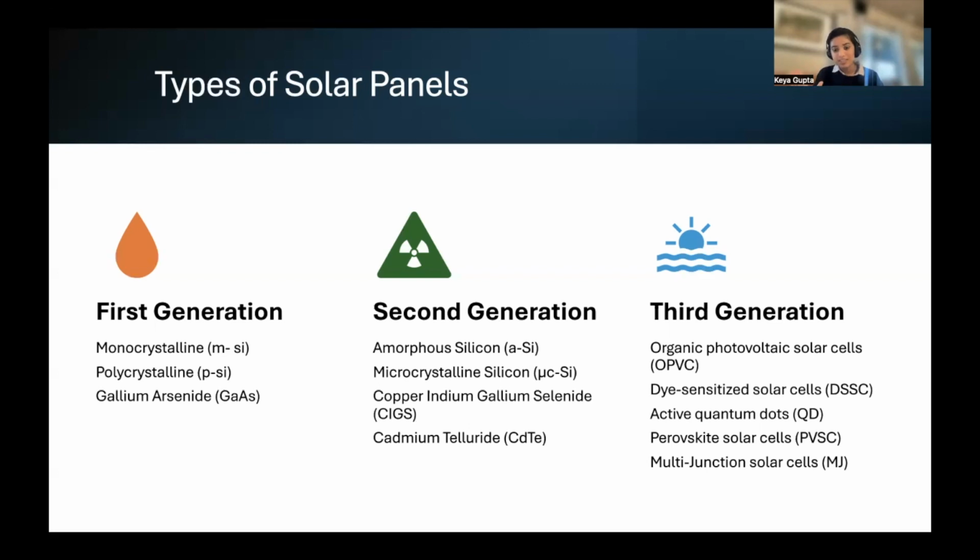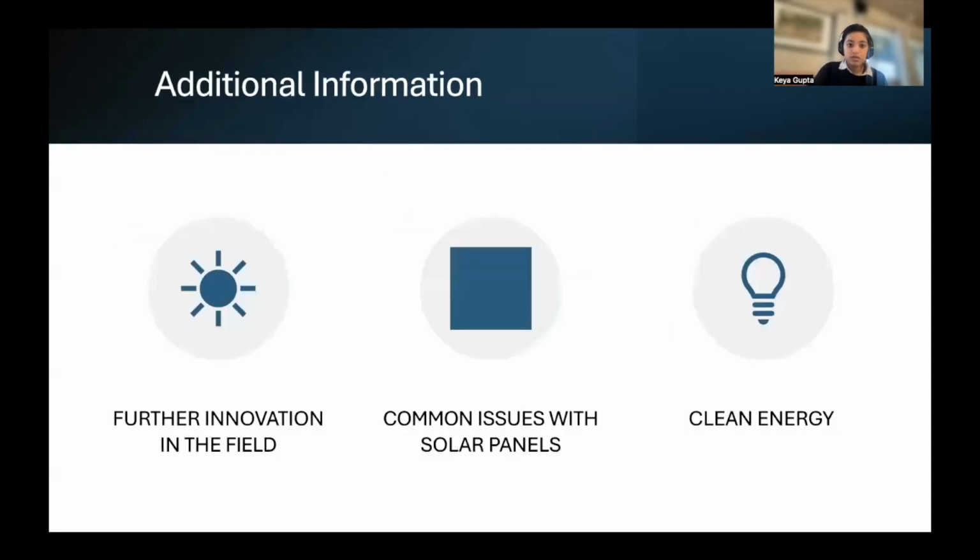These are very expensive, but they primarily come in use in the aerospace industry. So further innovation in this field, third generation solar cells are still being developed.